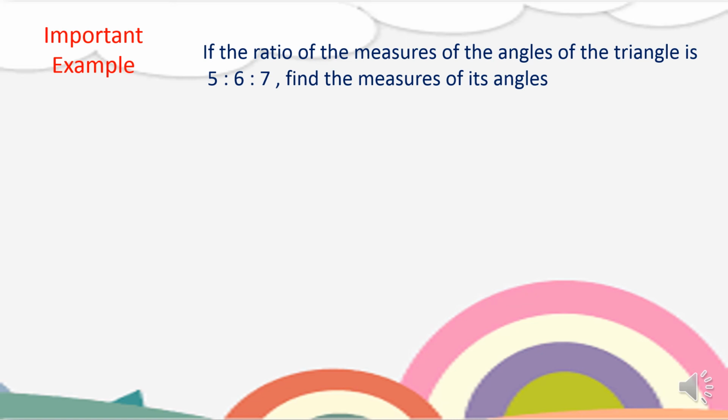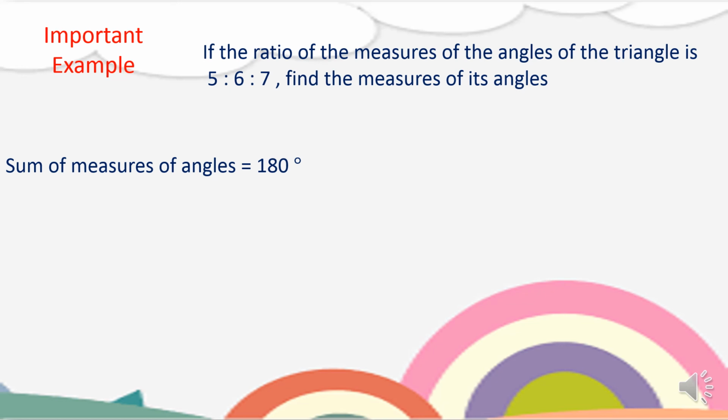What do I do? I know very important information about the sum of the measures of the angles inside the triangle. What's this information? The sum of the measures of the angles equals 180 degrees. I know it, right, Junior 6? So I have the real value of the sum.